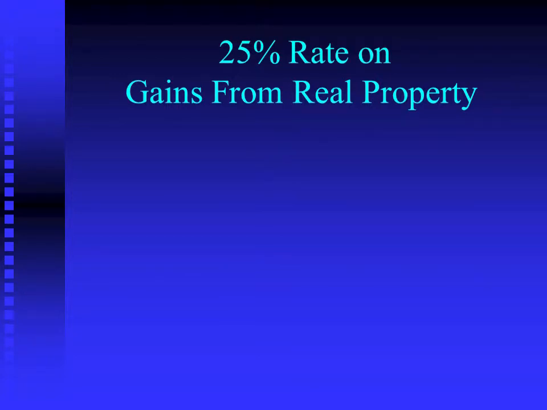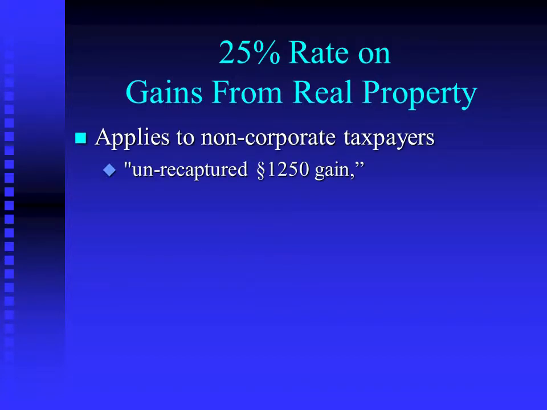So let's look at the rules here. Okay, so it does not apply to corporations, right? Corporations have no preferential rates on their capital gains property, so there are no special rates. And the short story here is the amount of your gains relating to depreciation that were not treated as ordinary income.